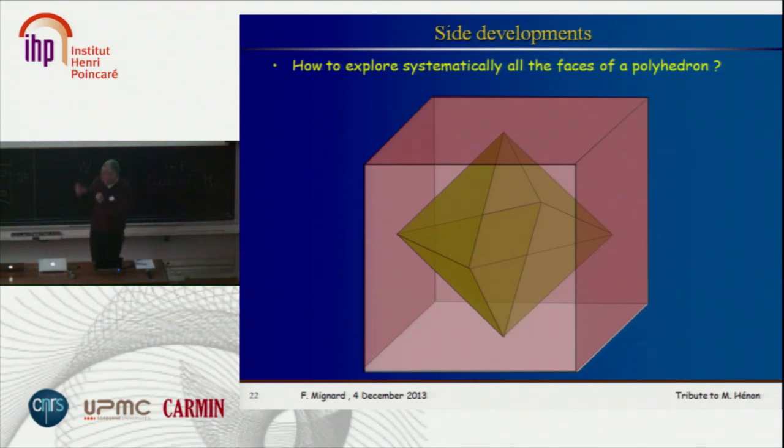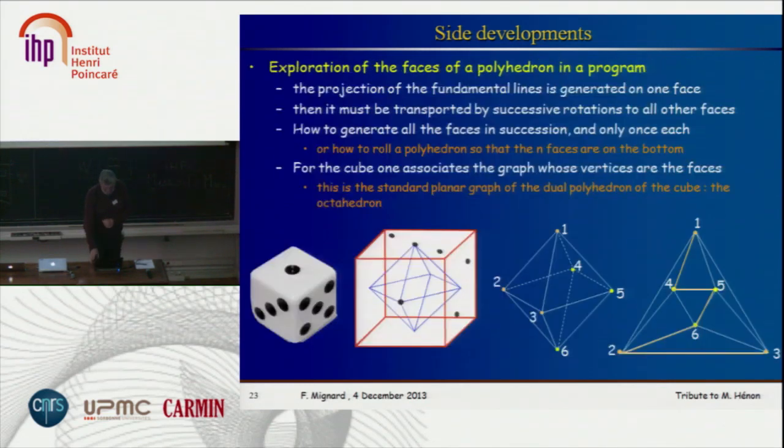I put that here because you will see there is an interesting connection between the dual polyhedra, the cube and the octahedron. So what is the issue? You want to explore in a loop, from 1 to 6 for the cube, and be sure that at each step of the loop you explore a new face we have not seen before. The projection from the plane is generated one time, and then by a rotation, copied to the different faces.